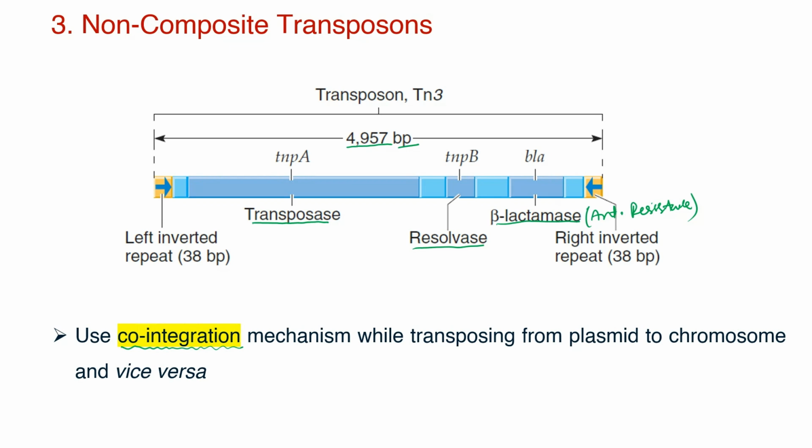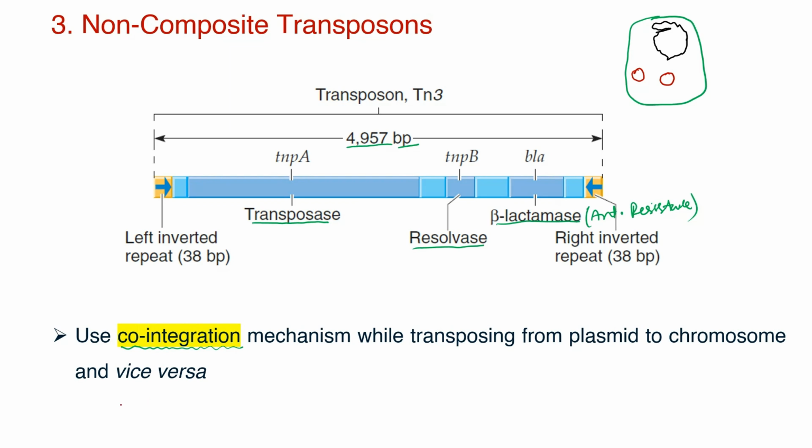Because if you look at bacteria, suppose this is the bacteria, let me change color. It has a chromosomal DNA, which is also circular, and it also has plasmid DNA, small plasmid DNA, spherical.